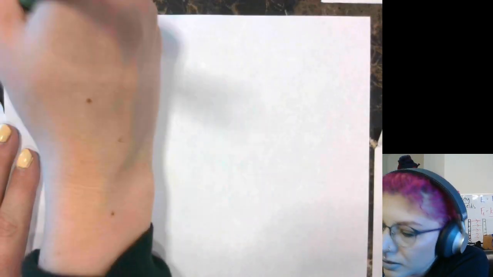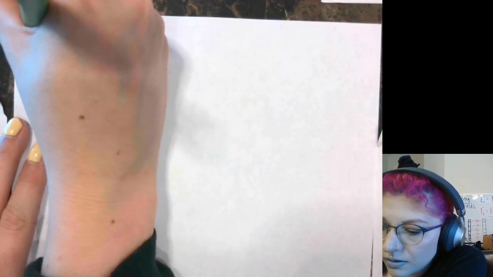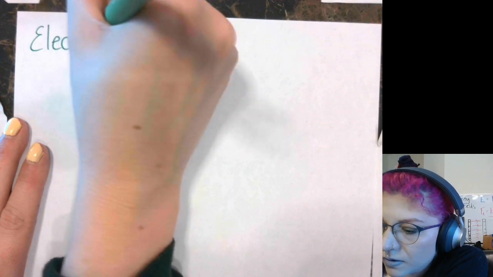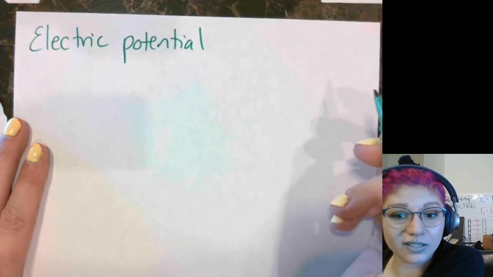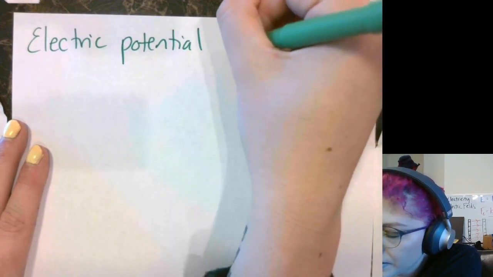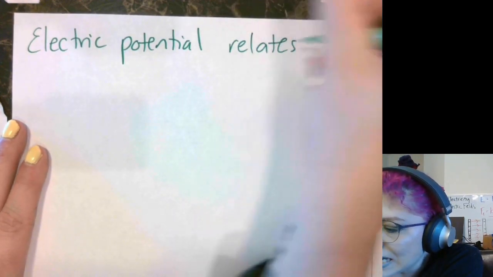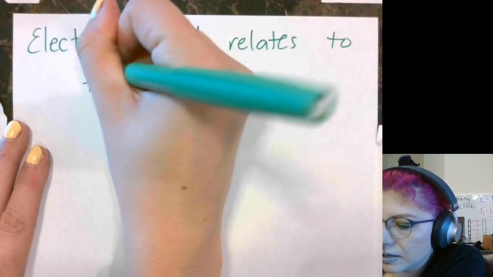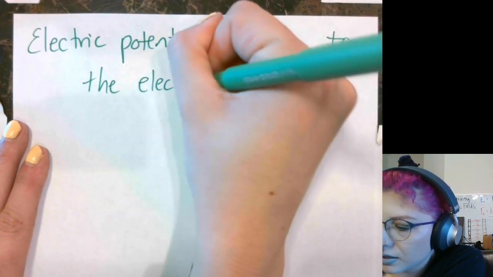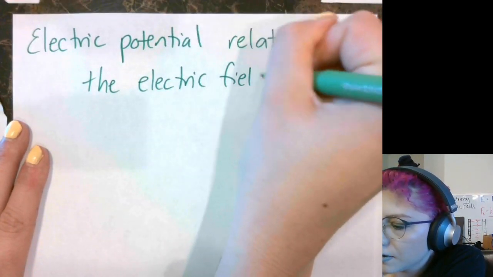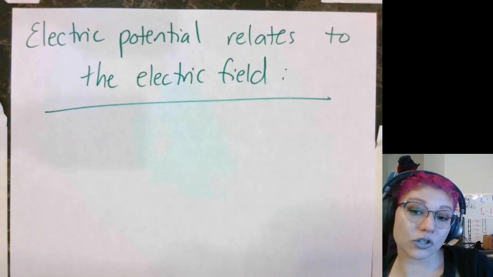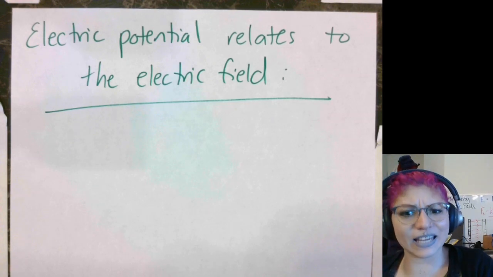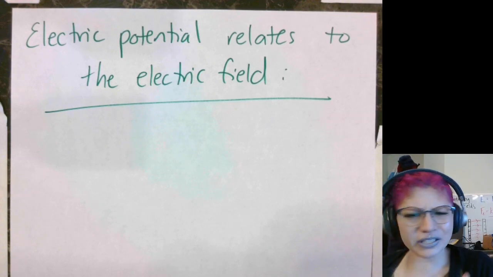What we're going to do now is link together how the electric potential, so that energy, relates to the electric field. I told you previously that the electric field kind of contains that energy, right? So let's explore that.